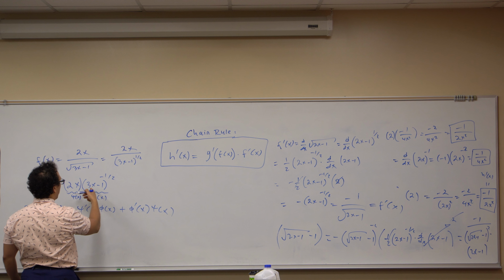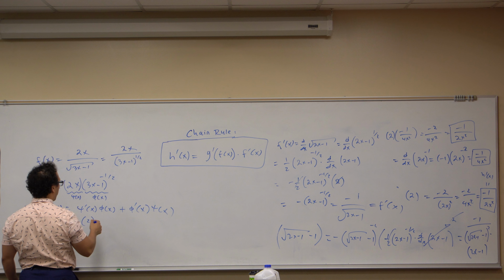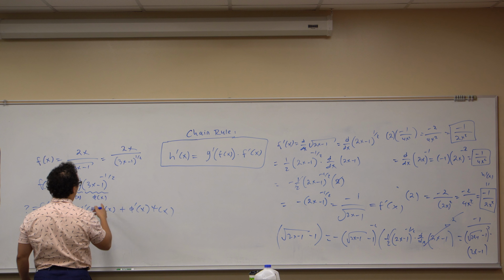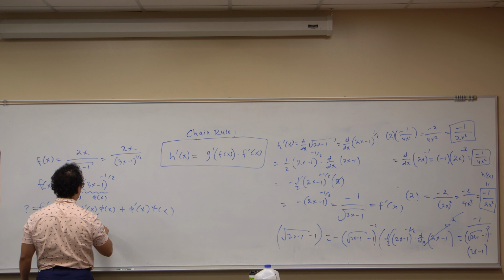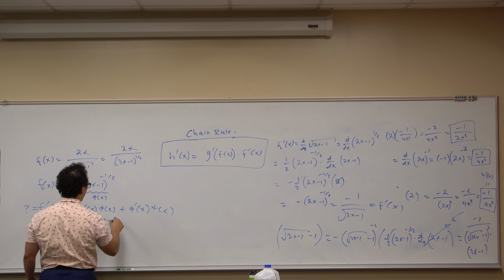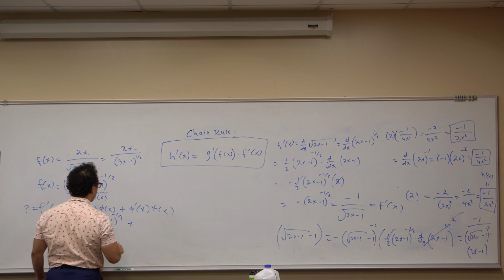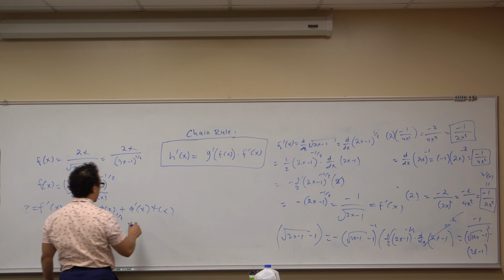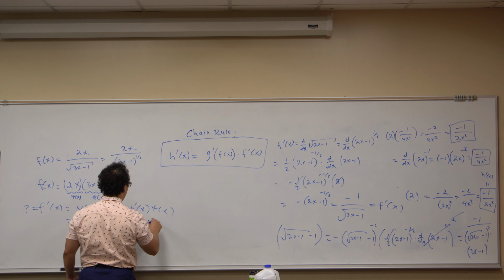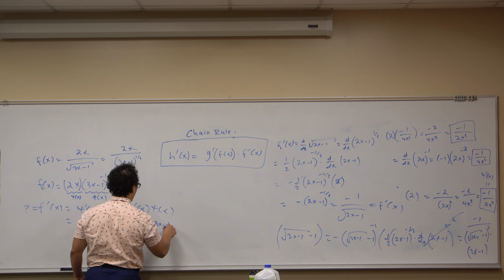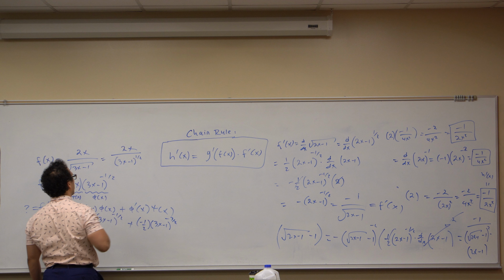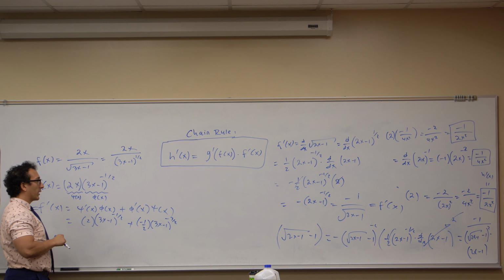Phi is 3x minus 1 raised to the negative 1/2 power, so that's all it is. We haven't taken the derivative of this guy yet. Plus, now we're going to take the derivative of phi. This ends up becoming negative 1/2 times 3x minus 1 raised to the negative 3/2 power, because subtracting a 1 from a 1/2 gives me a negative 3/2.